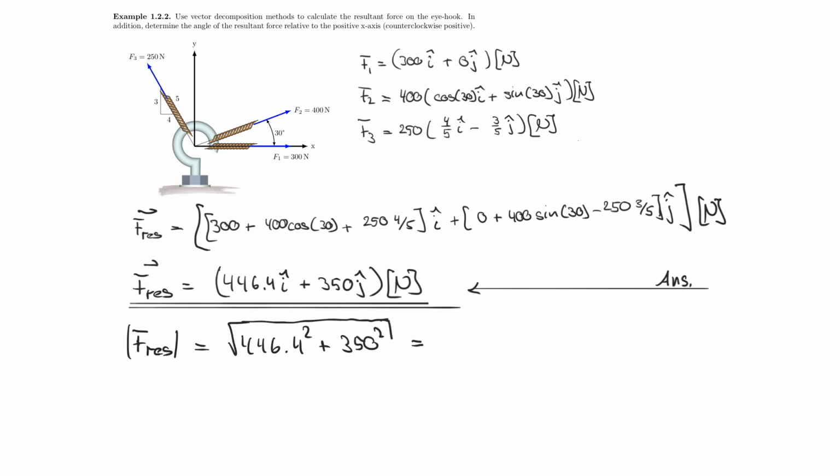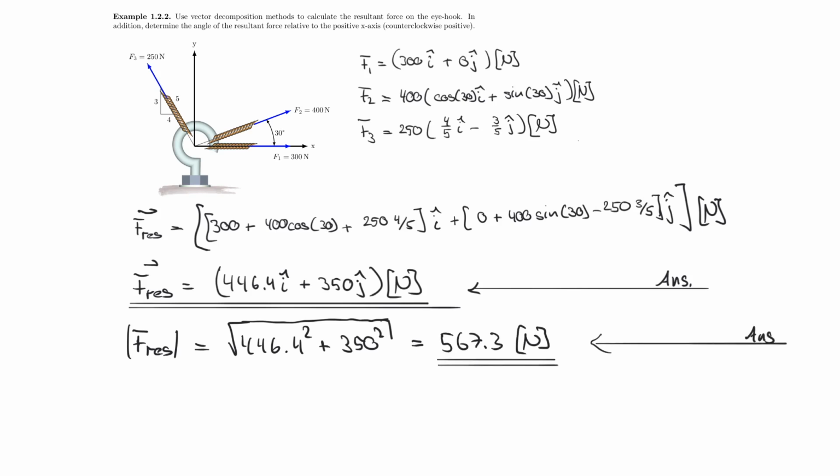And that turns out to be 567.3 newtons. Of course, if you punch that into a calculator, you will end up with more digits, but keep in mind our 4 significant figures rule. That's also listed in one of the previous lectures. So do not list more than 4 significant figures. You would lose points. So that's what I'm doing here.